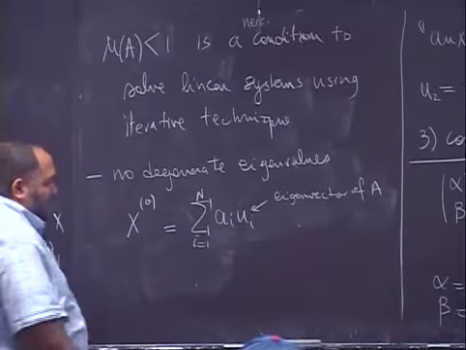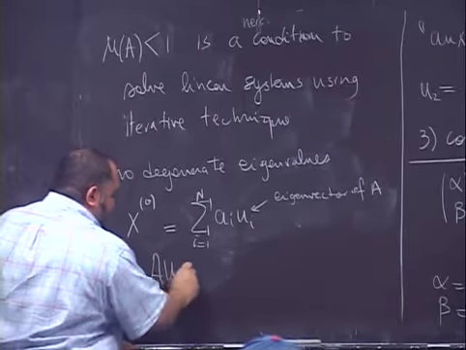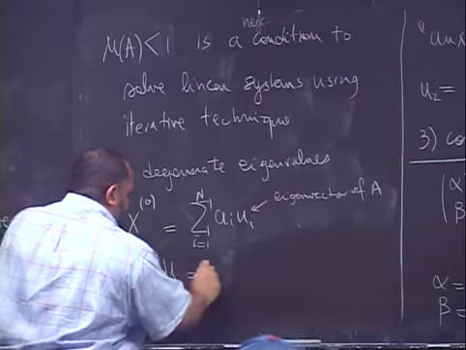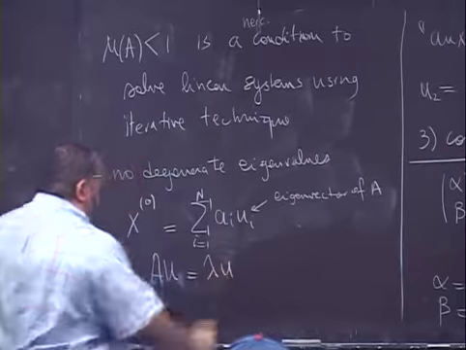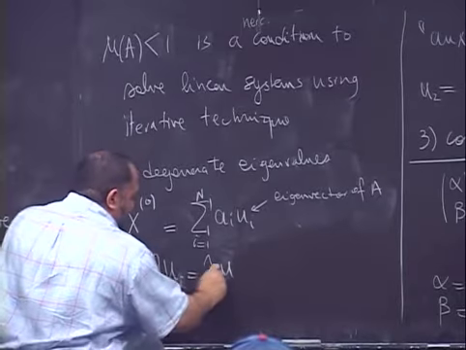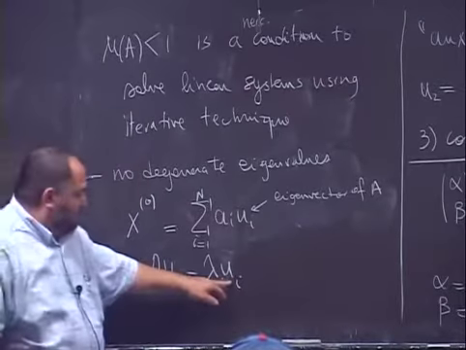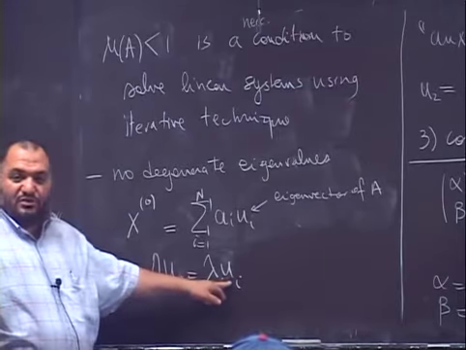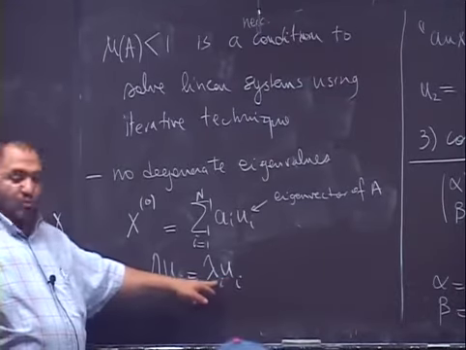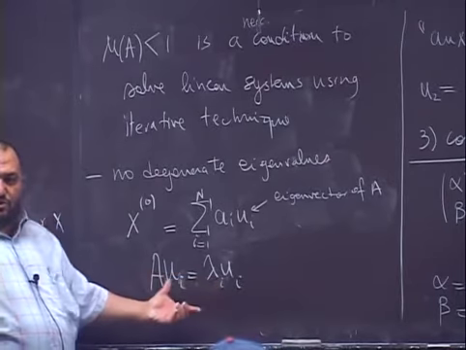And what's the eigenvalue equation? It's A u equal to lambda u, or we call it A u i equal to lambda i u i. So whenever you substitute with the ith eigenvector in this equation with the corresponding ith eigenvalue, this equation will hold.